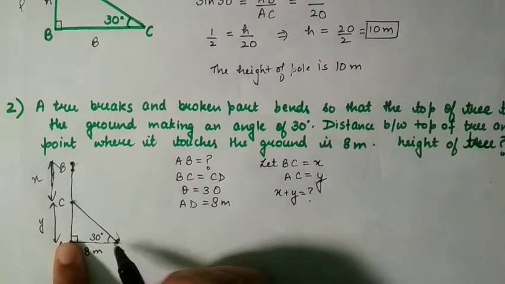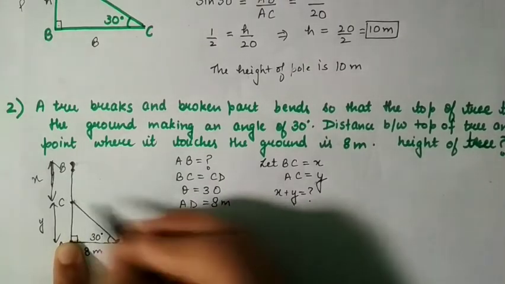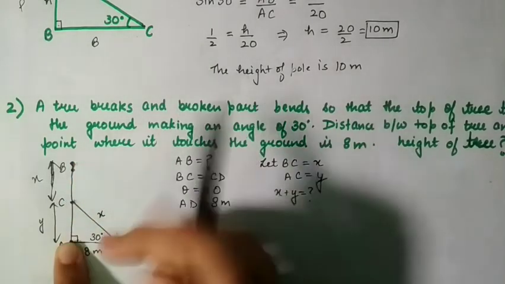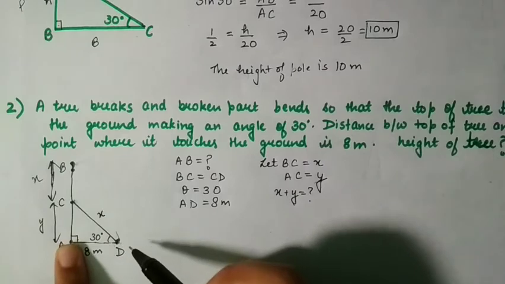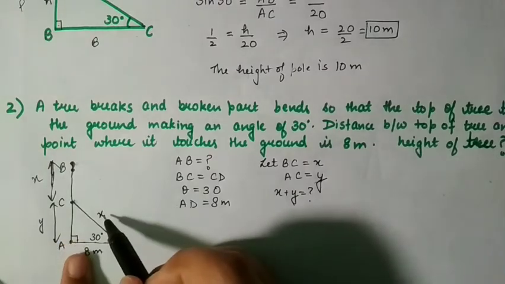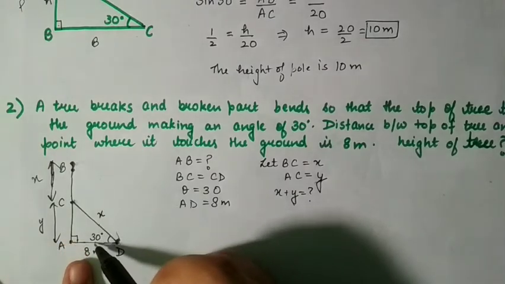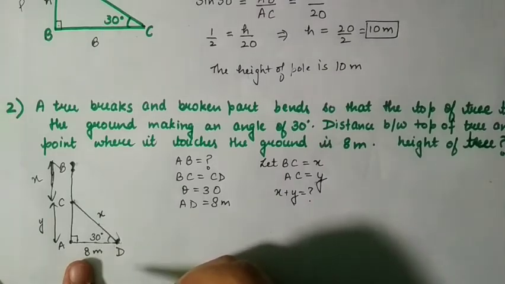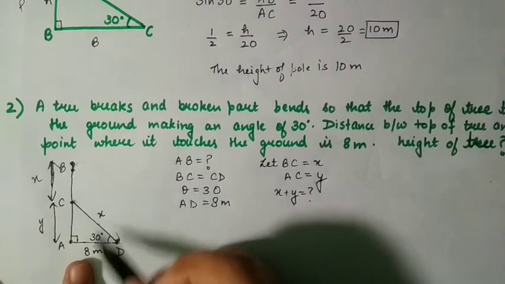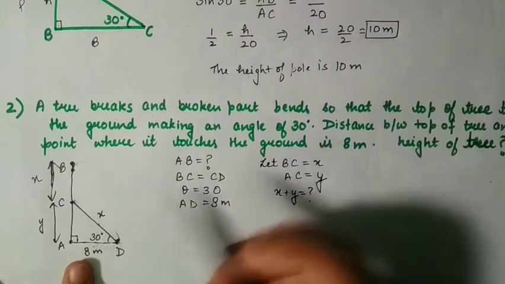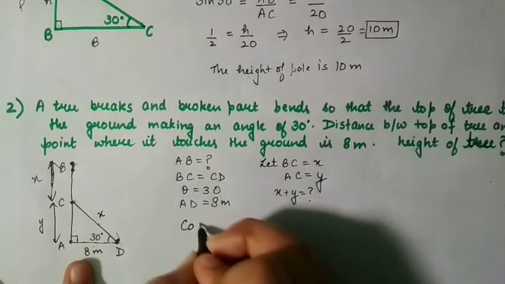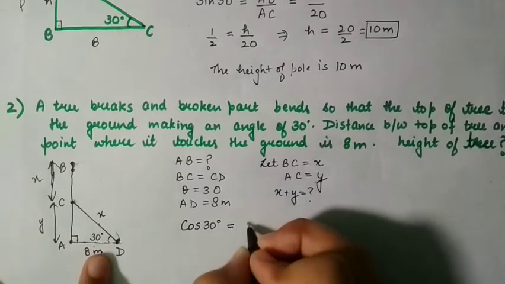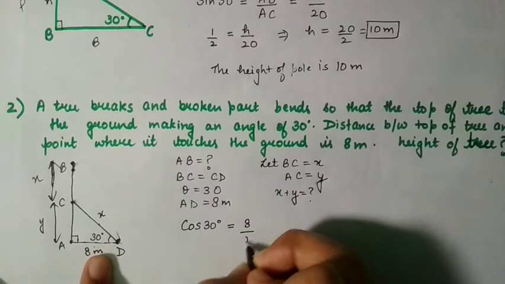This is also X, CD is also X. We know this length is equal to this length because this part has only fallen down. First of all, which trigonometric ratio gives the relation between base and hypotenuse? Base and hypotenuse relation is given by cos. So you can use cos 30 degrees is equal to base, that is 8, upon hypotenuse, that is X.